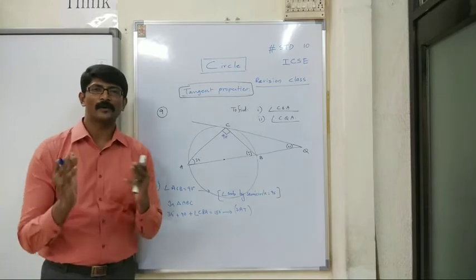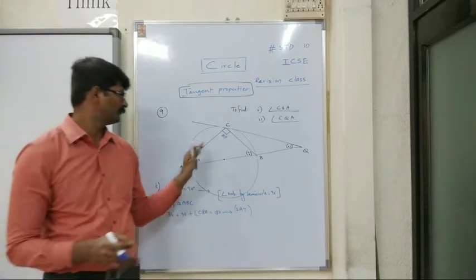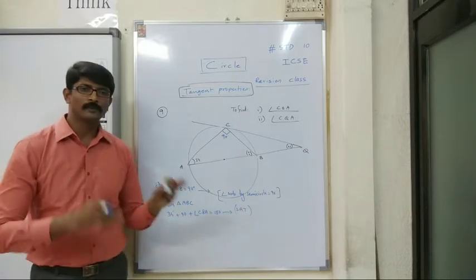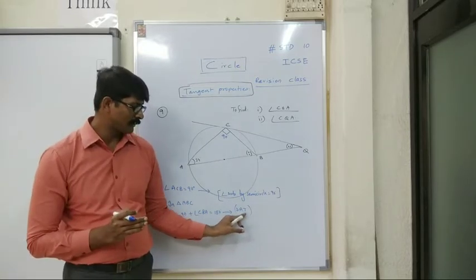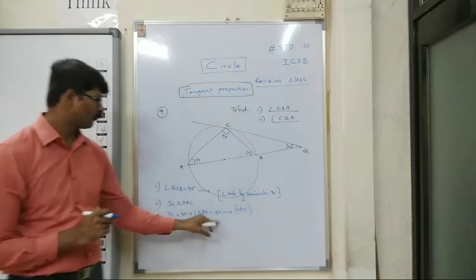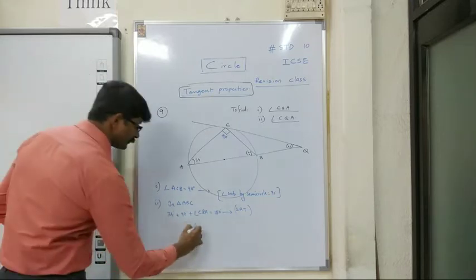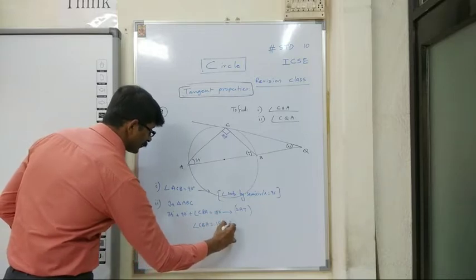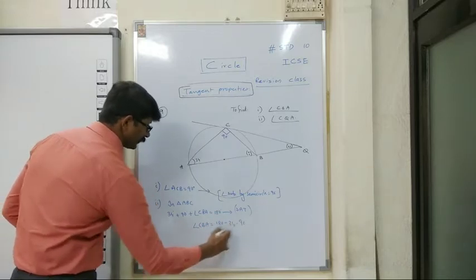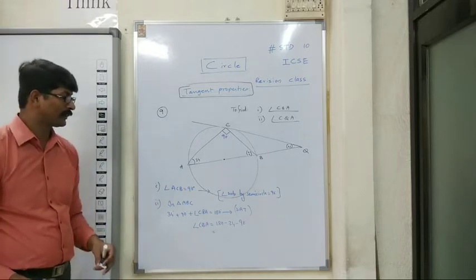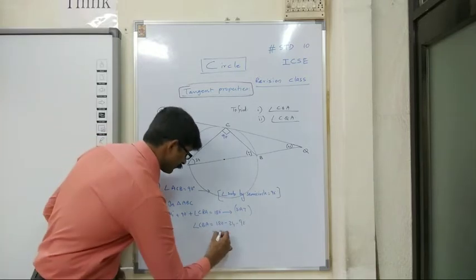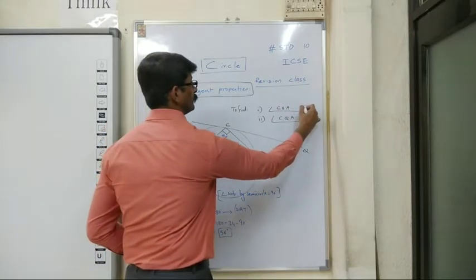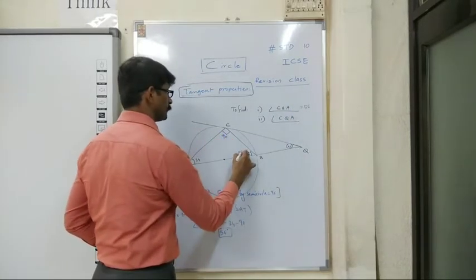Sum of all angles of the triangle is always equal to 180 degree. So angle CBA is equal to 180 degree minus 34 minus 90. So 90 minus 30 is 60, and 56 degrees. And that's your first answer. This we got as 56.